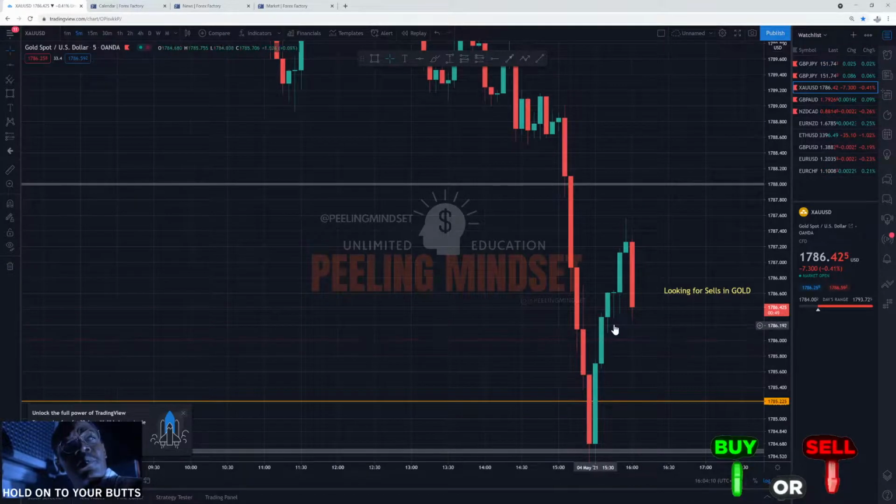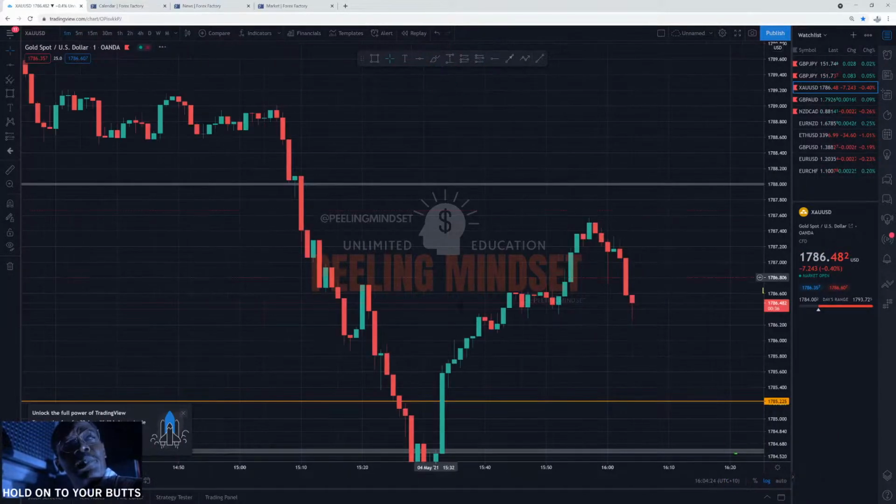All right, so after this 5-minute closes, I'm going to put a sell stop below the 5-minute candle's low, and I'm going to give it a shot. After this 5-minute closes, I'm going to keep a sell stop below this 5-minute candle's low. That's my position today.